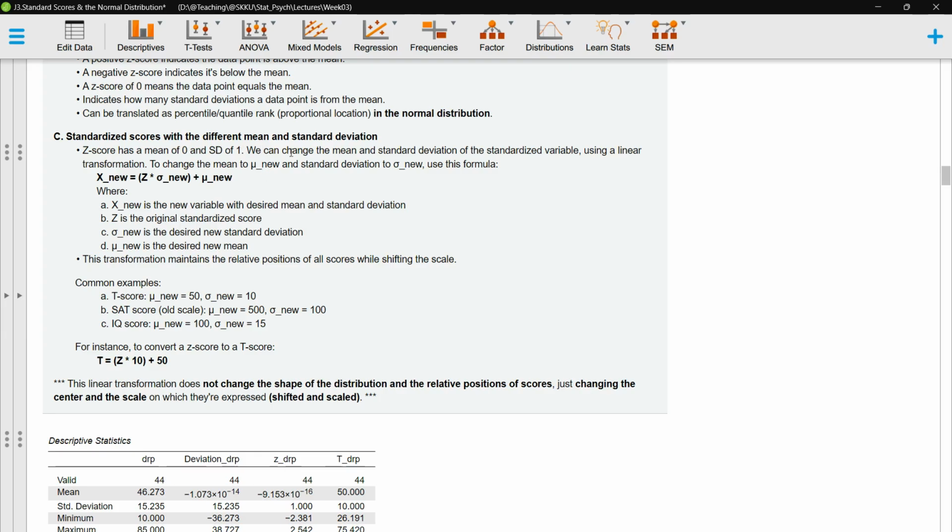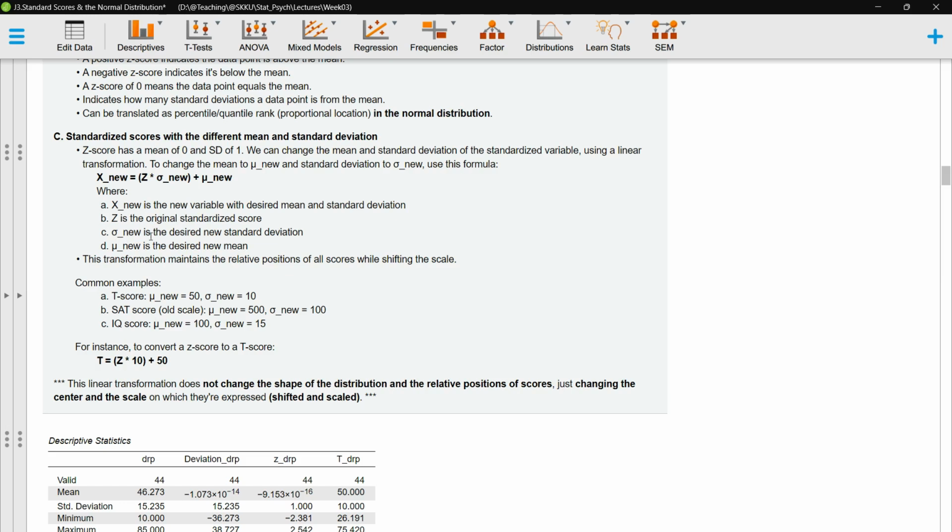We can change the mean and the standard deviation of a variable to any value using the following linear transformation: x_new is equal to G, the standard score, times sigma_new plus mu_new, where x_new is the new variable with the desired mean and standard deviation, and G is the original standardized score, with a mean of 0 and a standard deviation of 1.